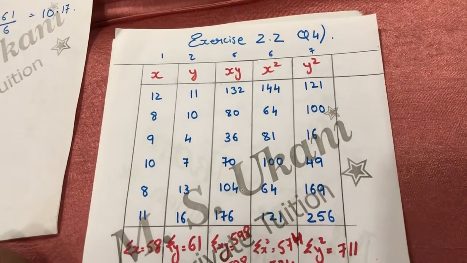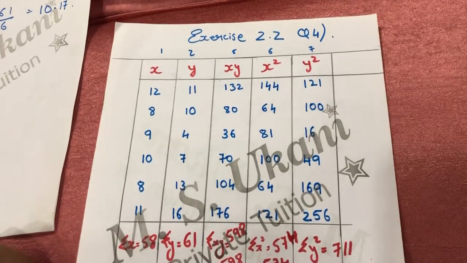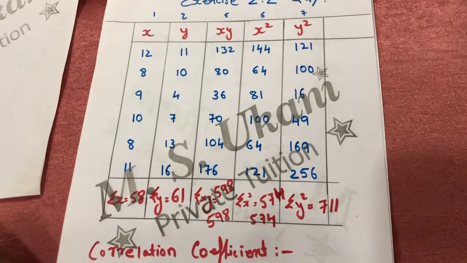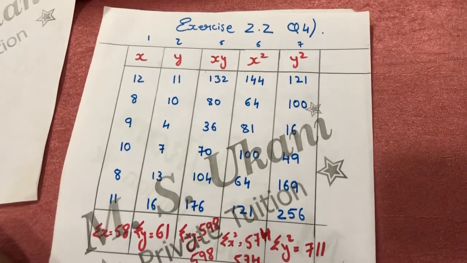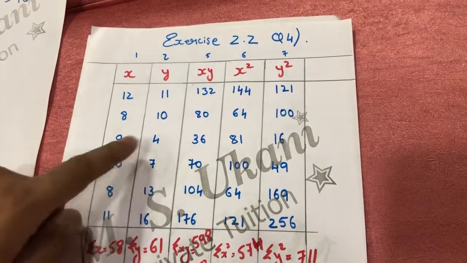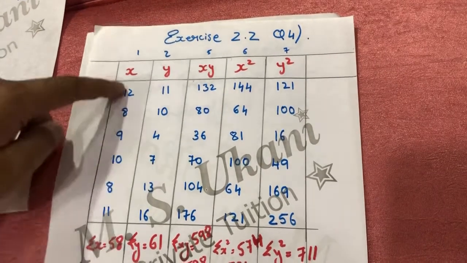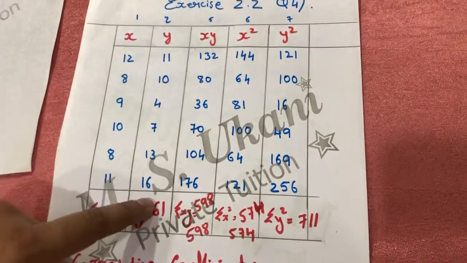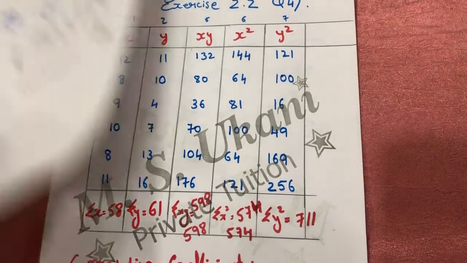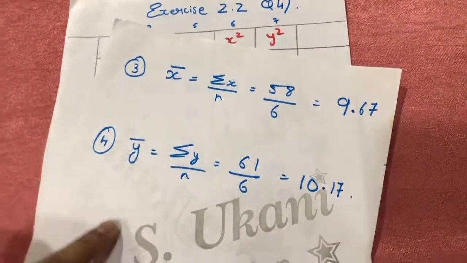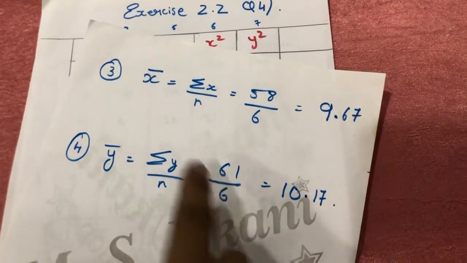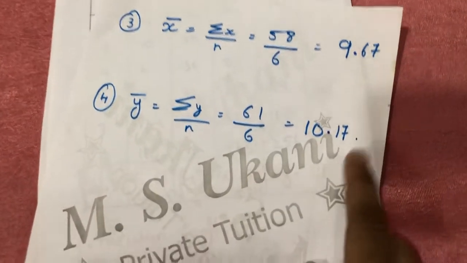So one thing to remember, I am again repeating the steps for the sum. First two columns are already given in the sum. After that, calculating both the columns, we have to find the third step, that is x bar and y bar. After getting x bar and y bar, identify the numbers.